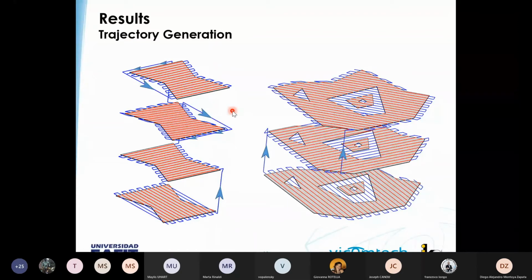And you can see also that the connections, when the laser is off, that is the blue lines right here, are always away from the polygon. They are always coming around it. And in the second image, on the right-hand side, we have an example of a trajectory for a more complex region, which has some holes and some islands of material inside them.